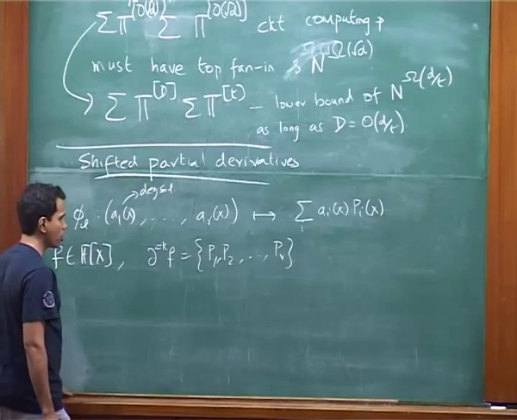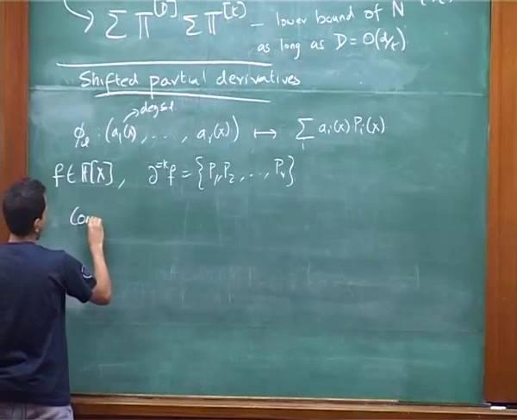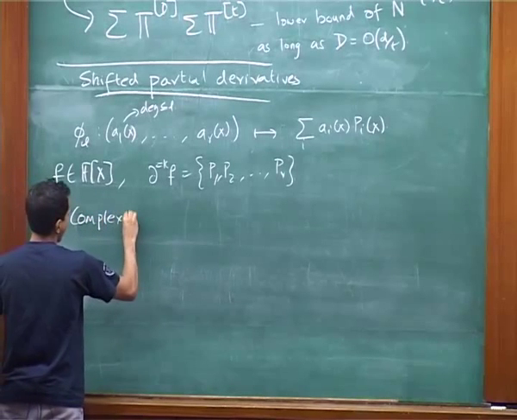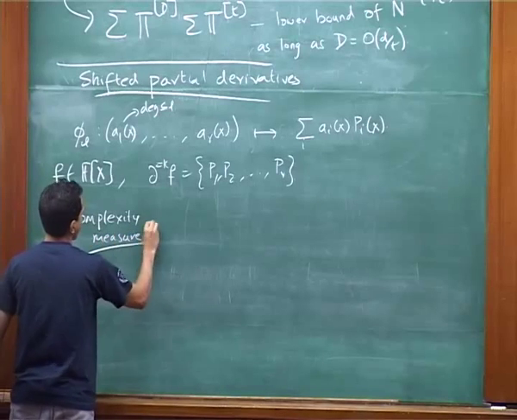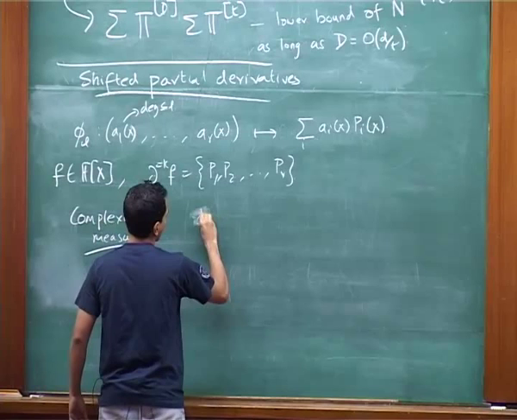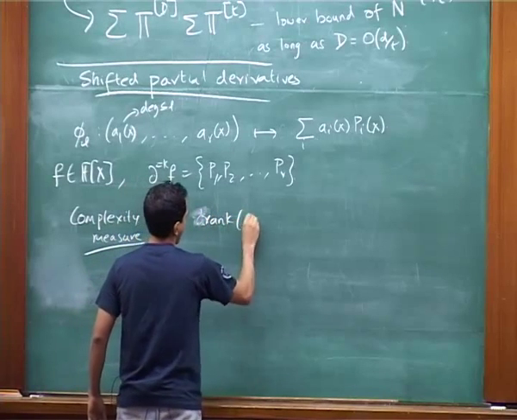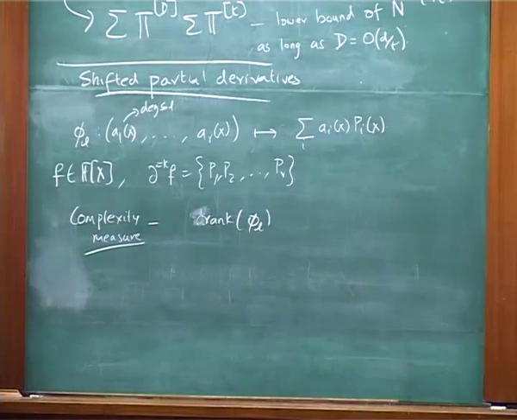The complexity measure that we consider is the dimension, well, the rank of phi L, the rank of this linear map.